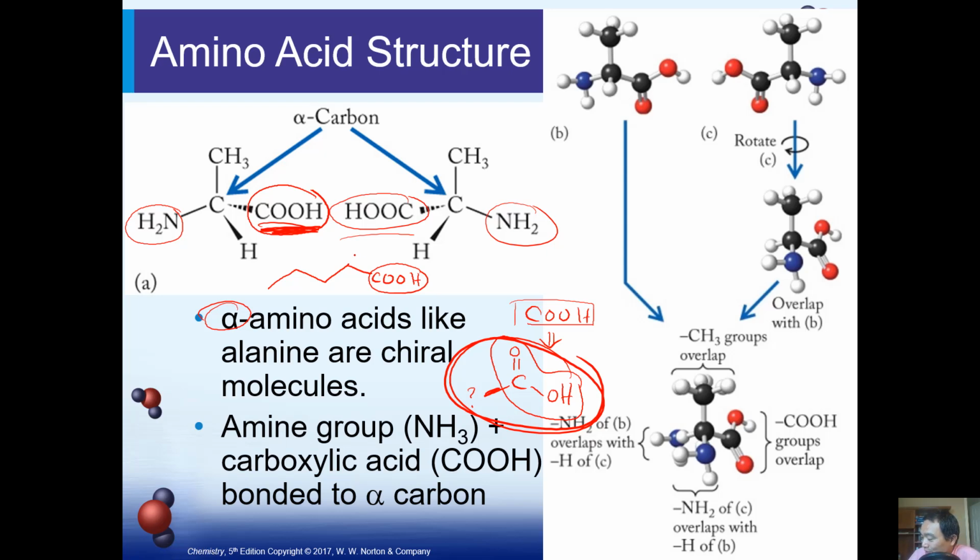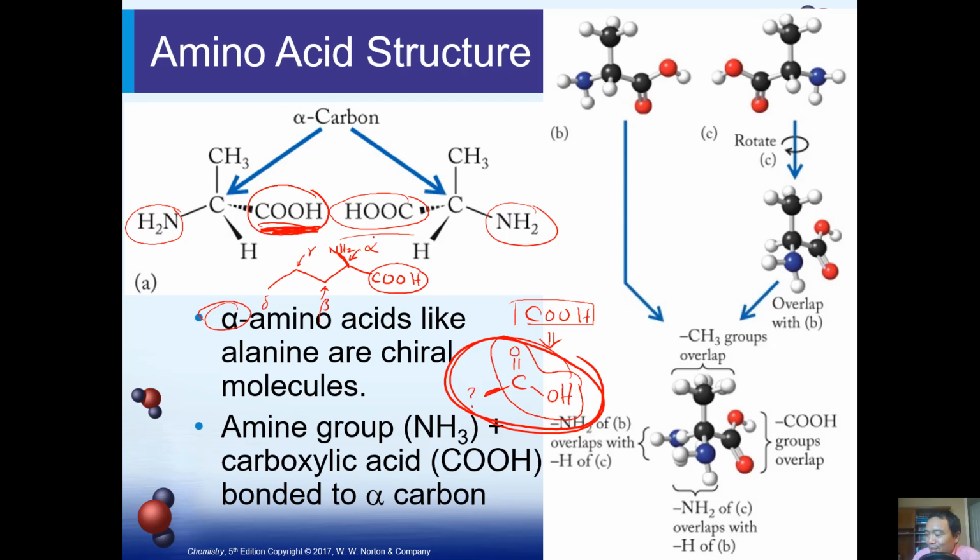The one that is neighboring the COOH group is called the alpha position. Then you have beta, gamma, delta, etc. If I put an NH2 group on the alpha carbon, that would be an alpha amino acid.